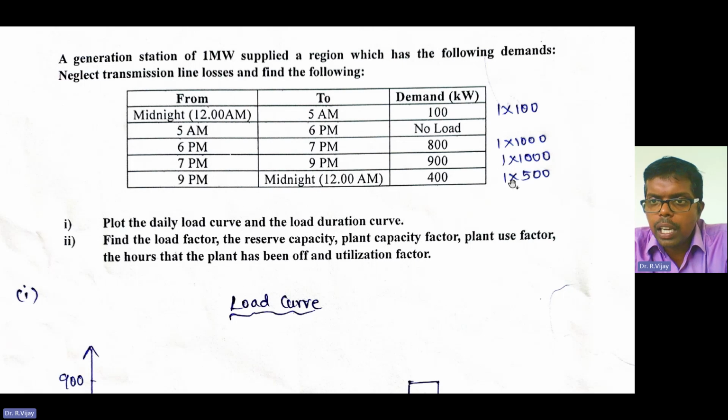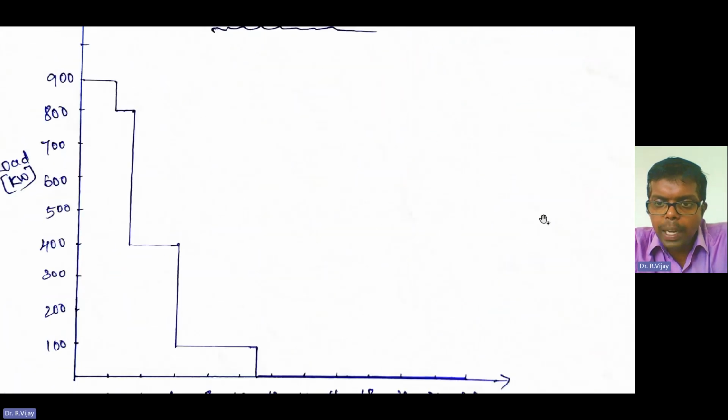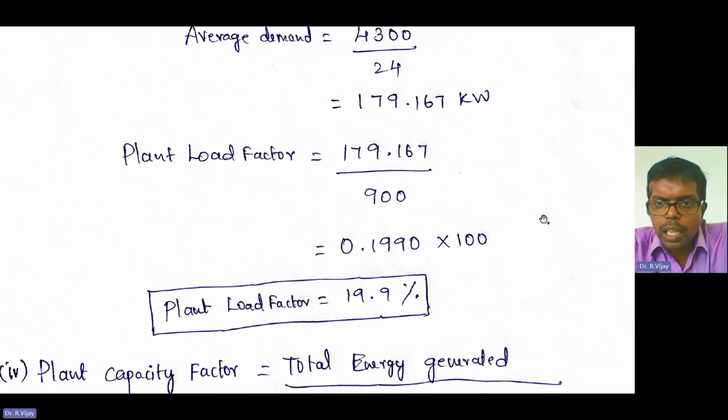For generating 400 kilowatt, 1 into 500. Then, rated capacity into number of operating hours, the duration: 100 into 5 plus 0 into 13 plus 1000 into 1. Operating hours is 1 hour. Then 1000 into 2, operating hours is 2 hours, plus 500 into 3. Based on the operating hours you need to do it. That's what we did here.